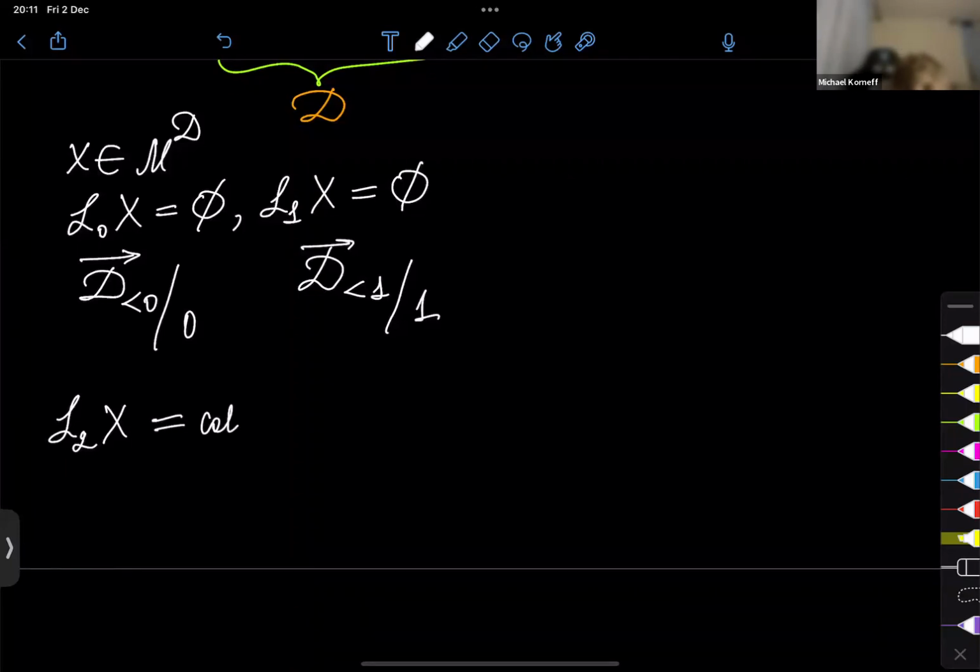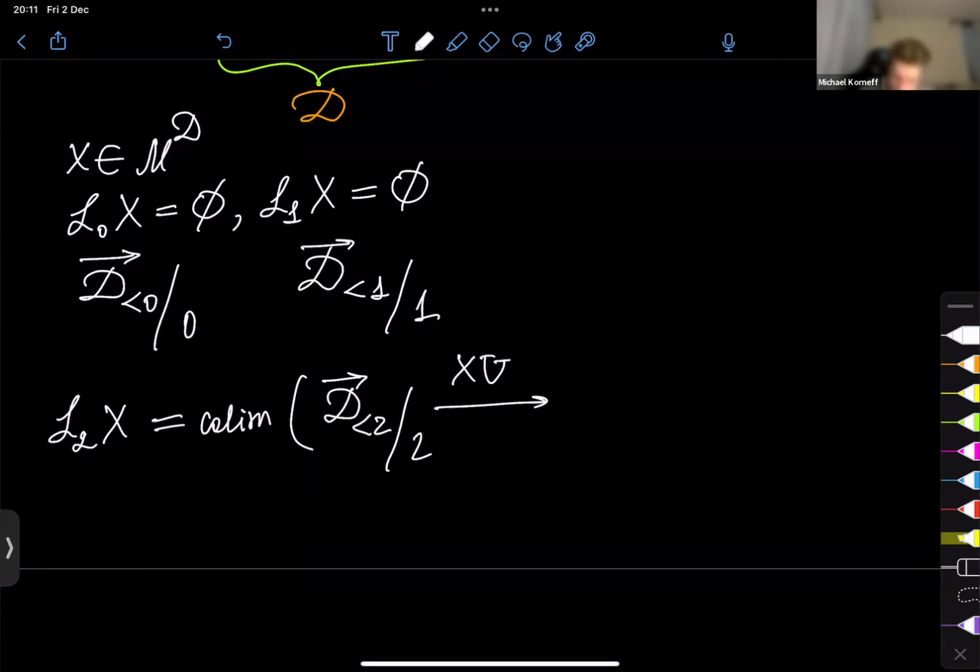Just a colimit of this composition, where U is a forgetful functor.